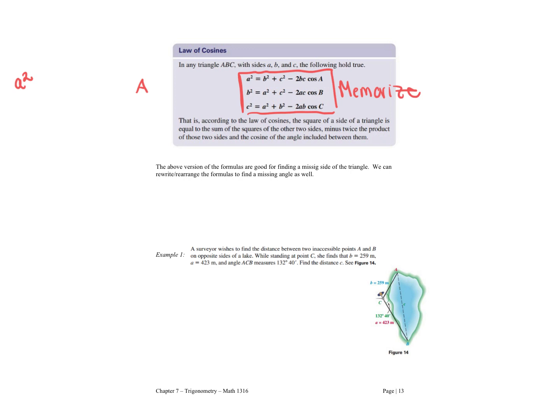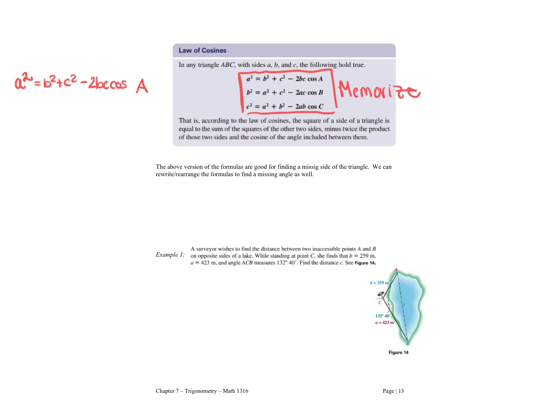So it starts and ends with a, and then everything in between is the other two letters. So b squared plus c squared minus 2bc cosine A.